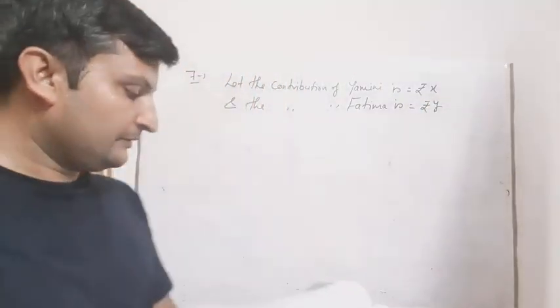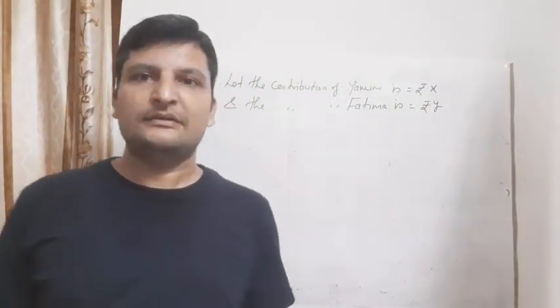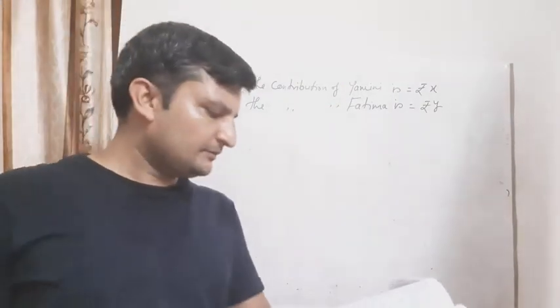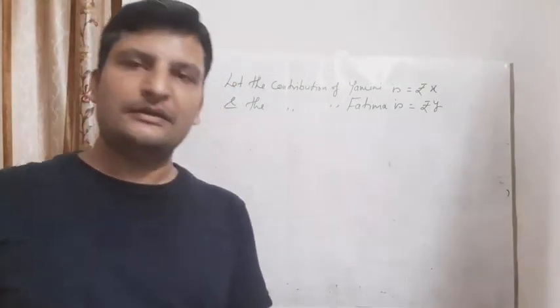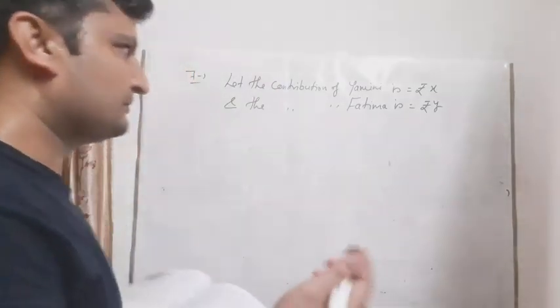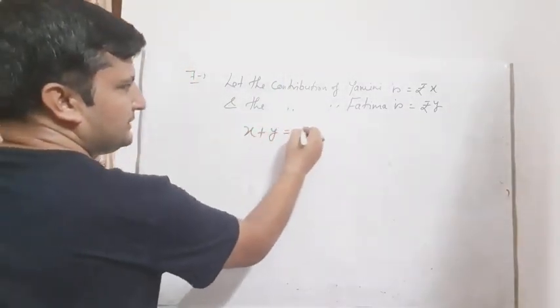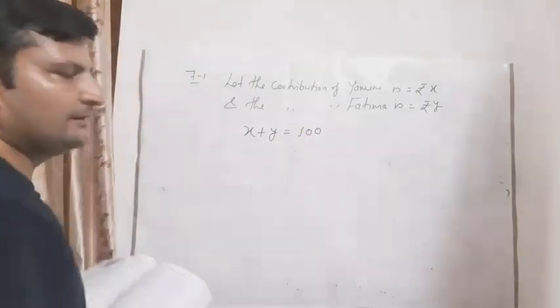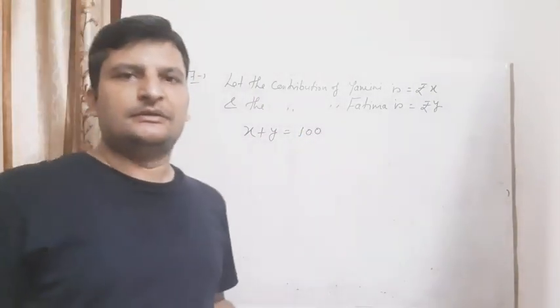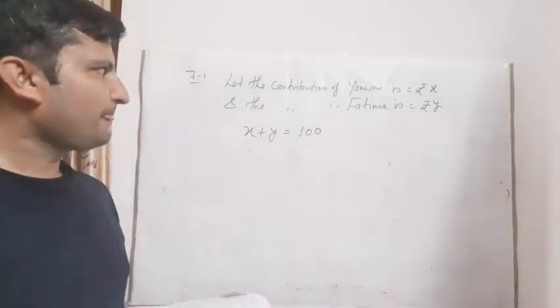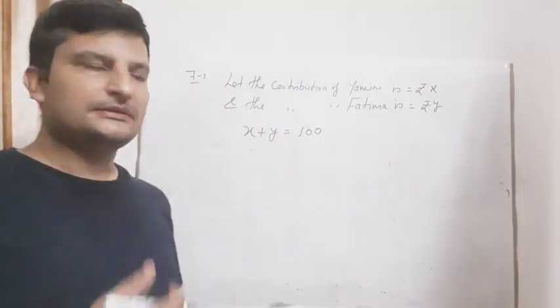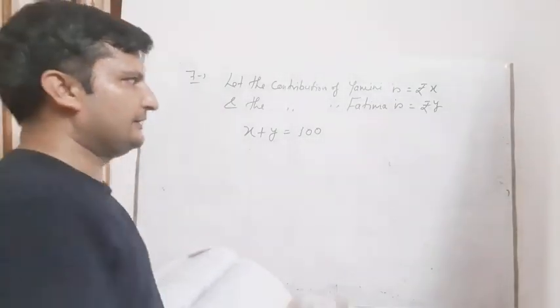Now we have to write the linear equation of this question. They have contributed 100 rupees toward the Prime Minister Fund. So the equation means: together they gave 100 rupees in the Prime Minister Relief Fund. So the linear equation of this question is x plus y is equal to 100.